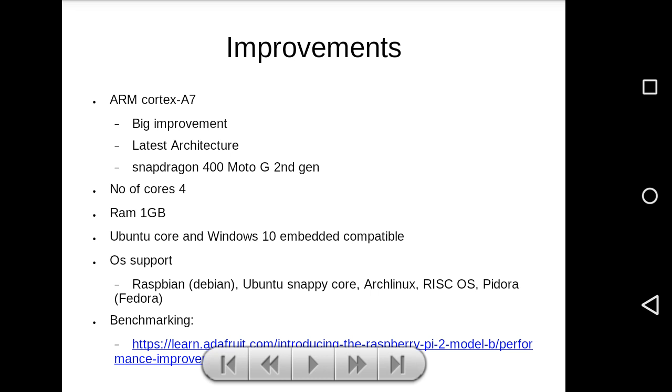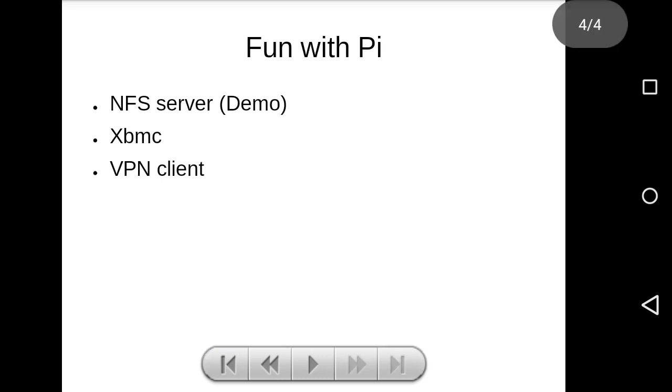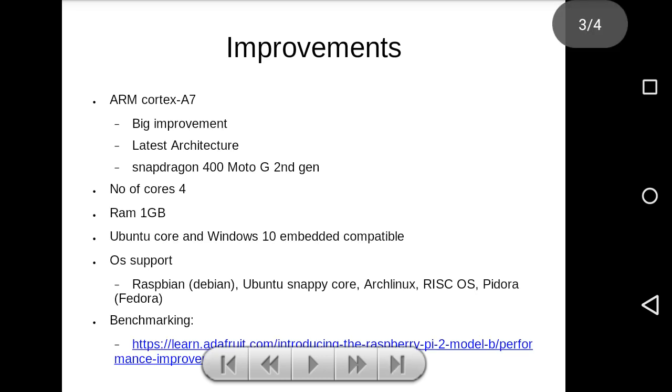And benchmarking, I have given a link here. You can find it on the screen, some blog is there.